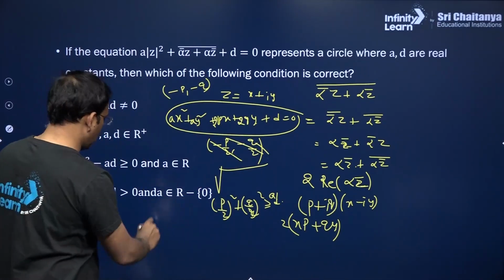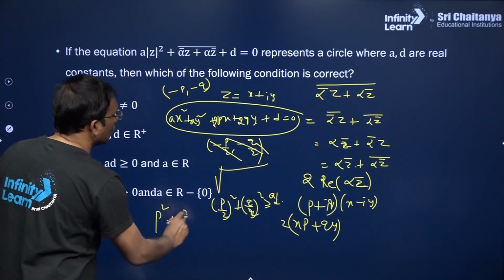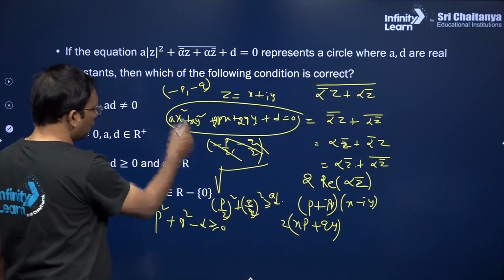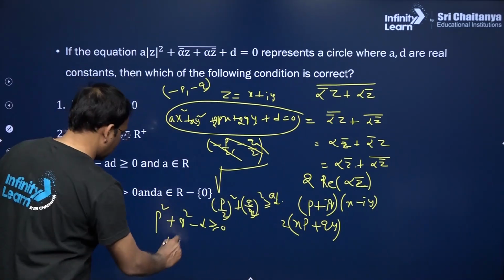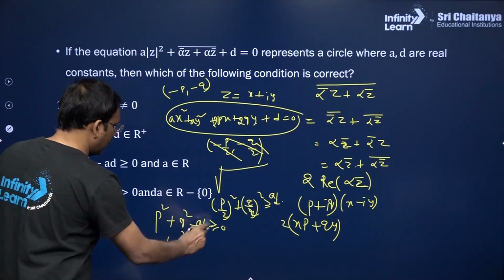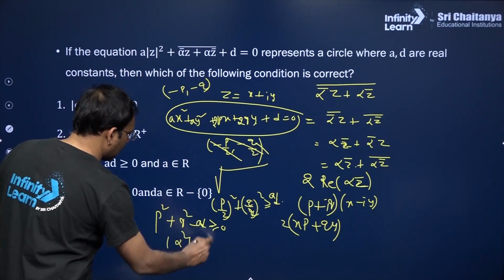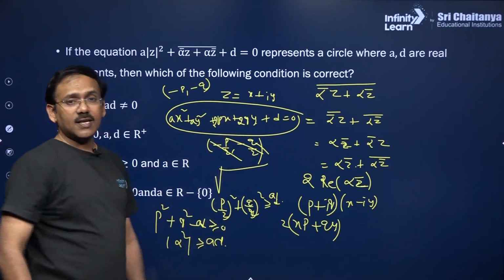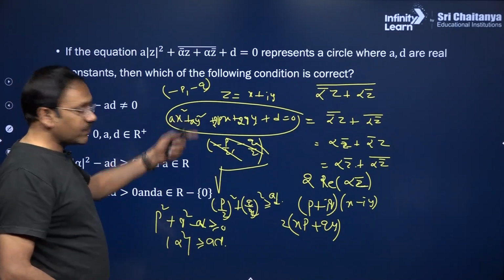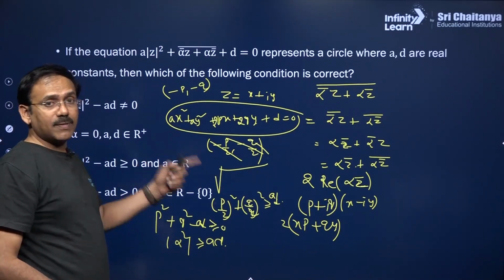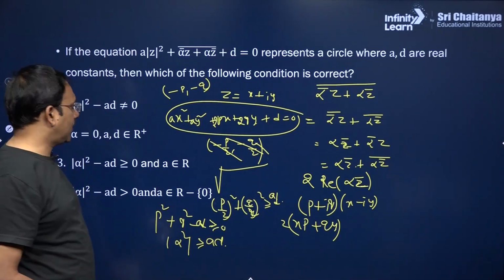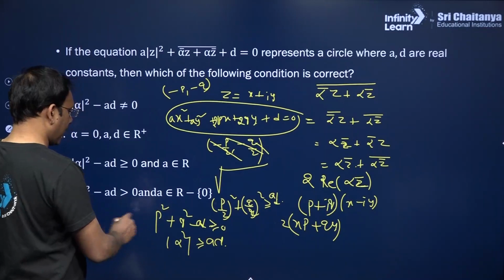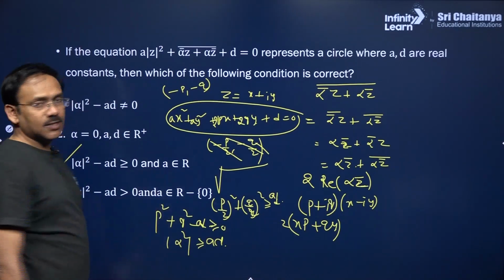So radius is going to be p square plus q square minus d greater than or equal to 0. P square plus q square you can write like mod alpha square, minus ac, no, ad, will become mod alpha square greater than or equal to ad. Because, my dear friends, a general second degree equation represents a circle if the xy term is absent and p square plus q square is greater than or equal to ac, right. So that is what I have applied. So mod alpha square greater than or equal to ad, my dear friends, third option.